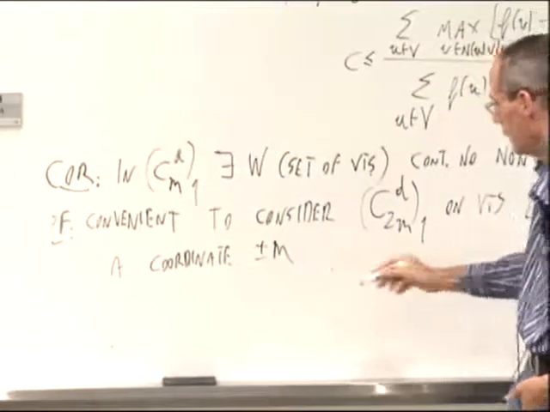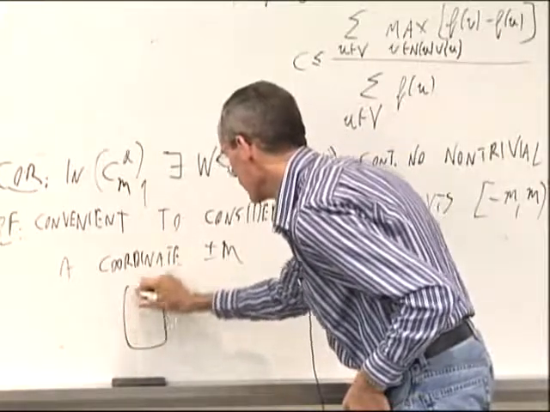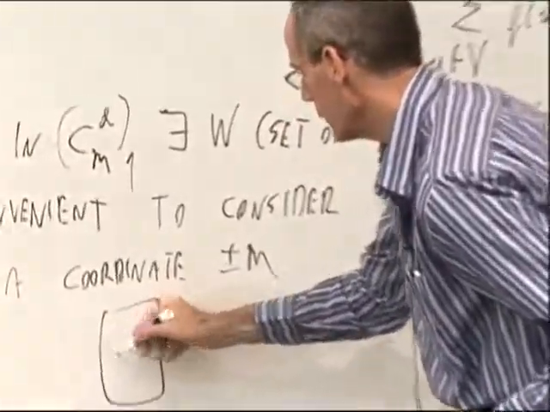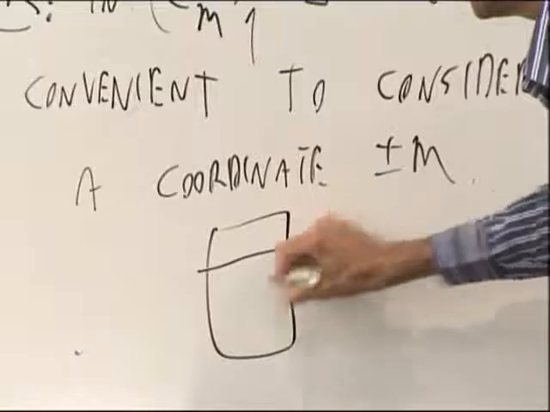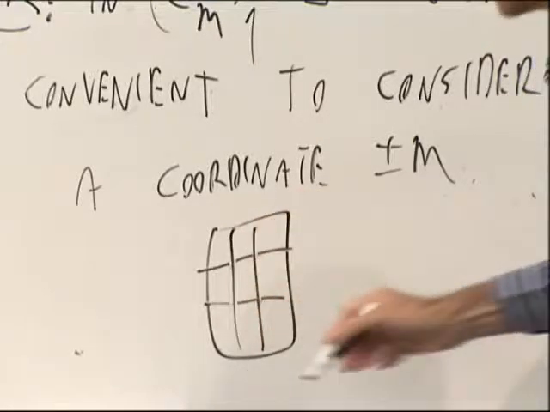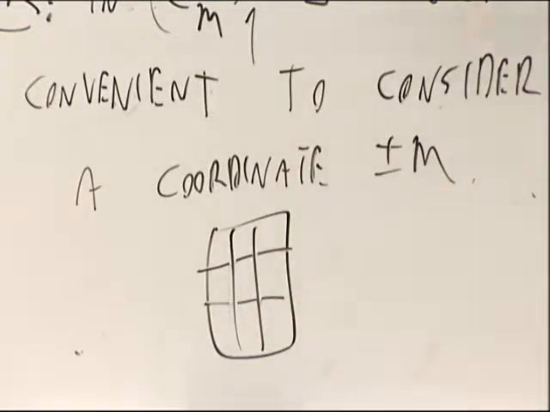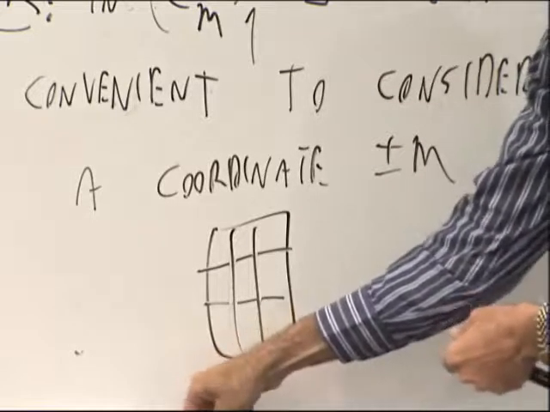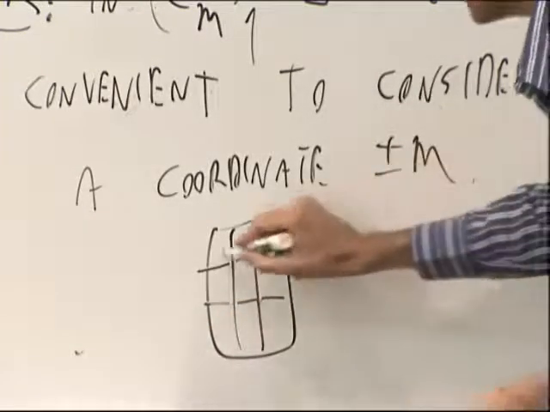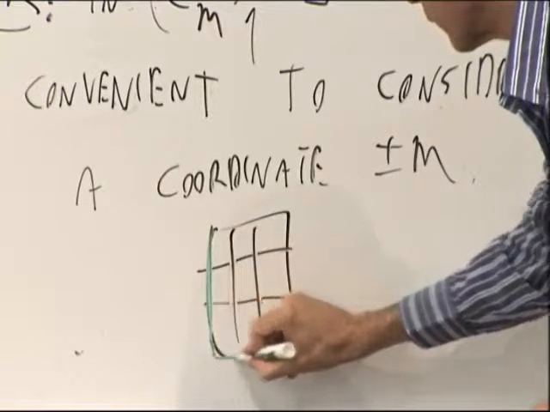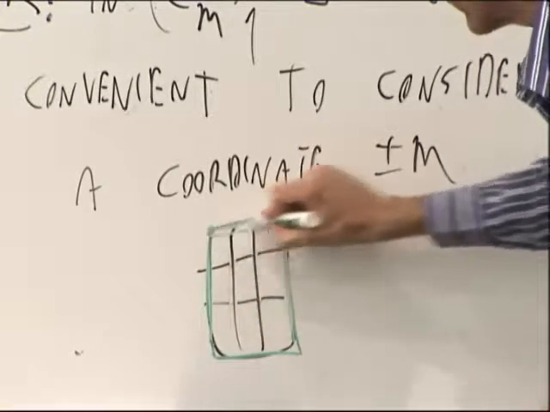Namely, I have this torus, and it's a graph, right? It's this graph that we considered, and I want to apply this theorem to it. So I define as a boundary all this thing here.